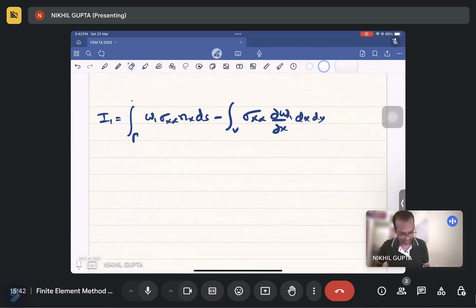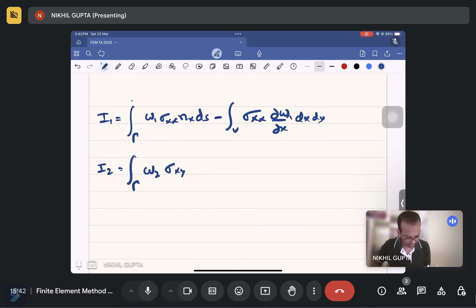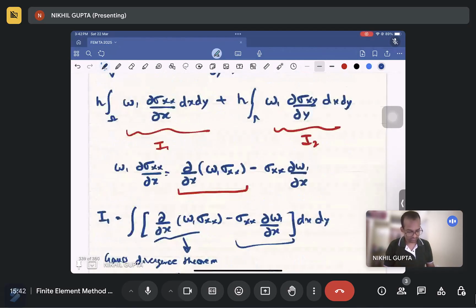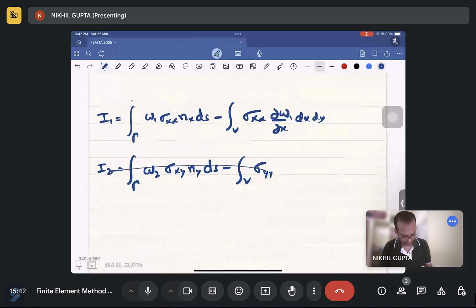Now I can write I2 in a similar way. W2 sigma xy ny ds minus the volume integral of sigma xy... or sigma yy. Something is missing, I'm doing something wrong again. Okay, I1 is correct, but this is the I1. So first write I2.